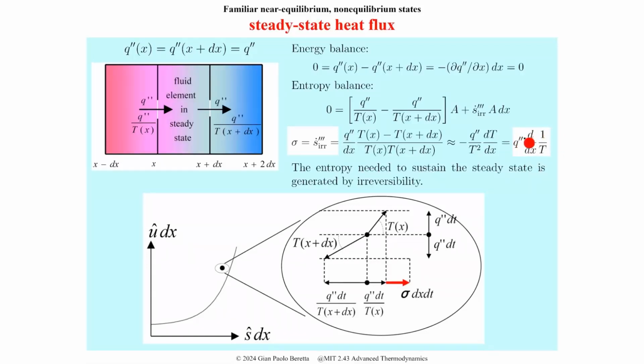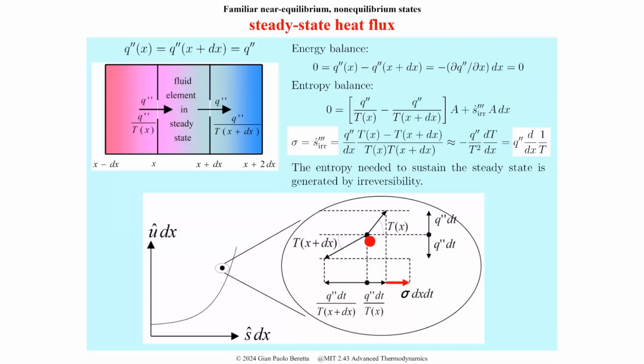If you interpret this gradient of the inverse temperature as the affinity, or the degree of disequilibrium with respect to heat transfer, then you have a similar concept. We have already discussed this in a previous lecture, so I will not do it now.